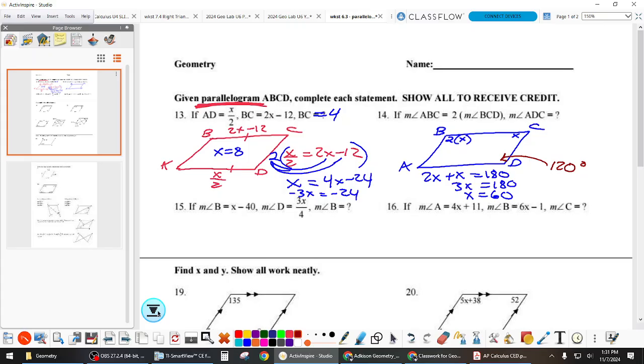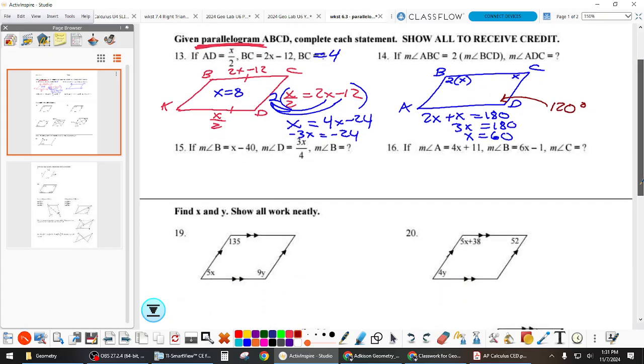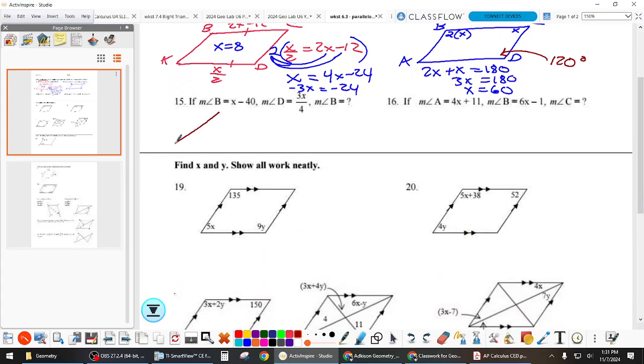Alright, next one, again, same picture. I shouldn't cover that up. Is this an angles or sides situation? It is angles, so B is x minus 40, D is 3x over 4.